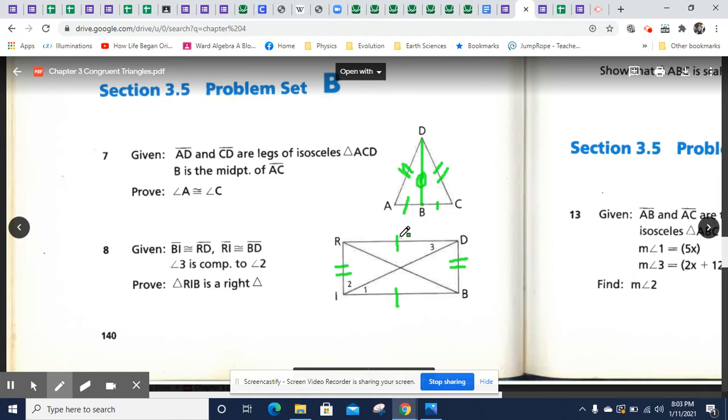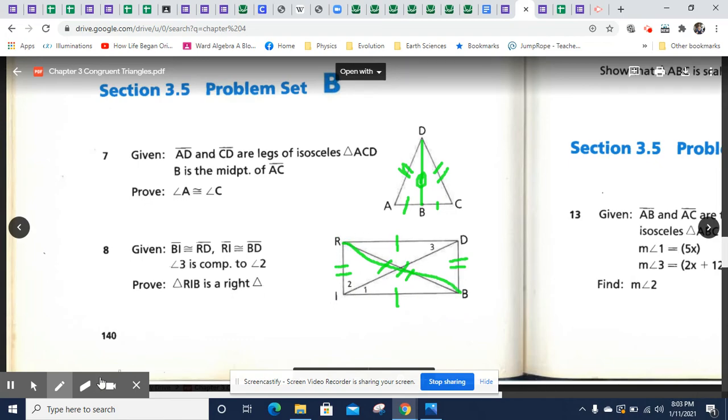Well, we know that this and this correspond to this and this. We could actually make this side congruent to itself, in which case, whoop, whoop, and whoop. So now we've got side, side, side, and side, side, side. So those two triangles are congruent to each other.